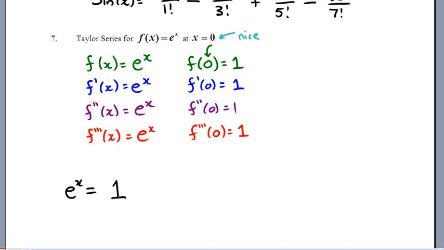What do you call that blue term? It's the first derivative term. Some people would call it the first order term of the approximation. Other people would say it's the second term I have to write down. Call it whatever you want. It's the first derivative, and that's going to end up being this blue 1 sitting on top of 1 factorial times x to the 1.